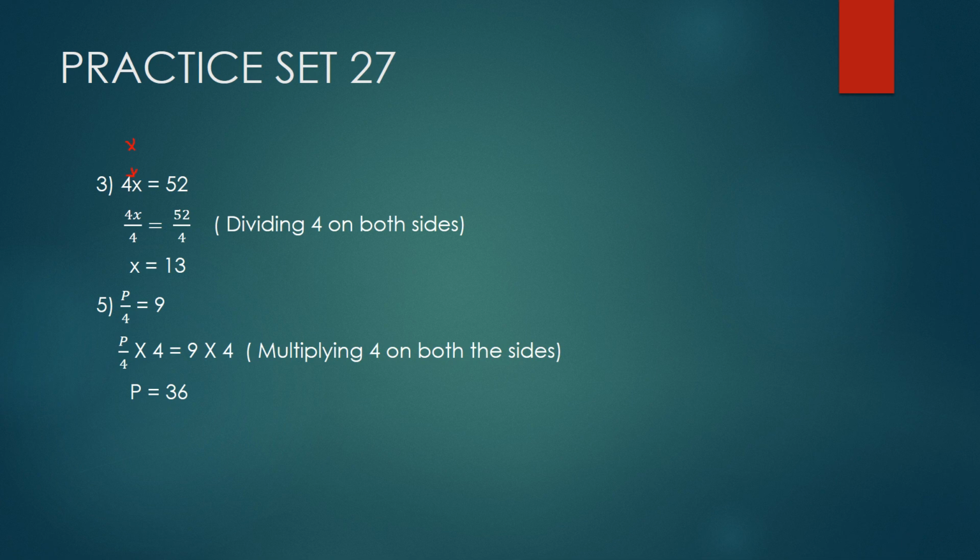When there is no sign between a number and a variable, we consider it as multiplication. So what does this actually mean? It means 4 multiplied by x is equal to 52. Okay. It means 4 into x is equal to 52.